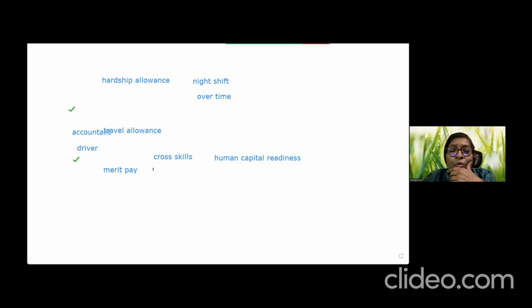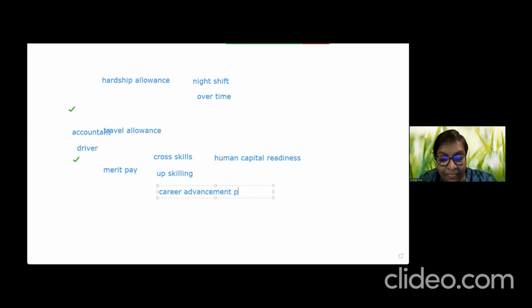Okay. Then you also have what's called cross skills. You also have upskilling. What is this upskill? Let me give you an example. What does Citibank do? Say, for example, they have these accountants who are BCom guys. They create something called a career advancement plan.